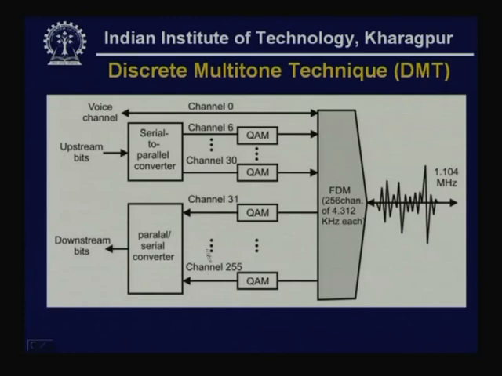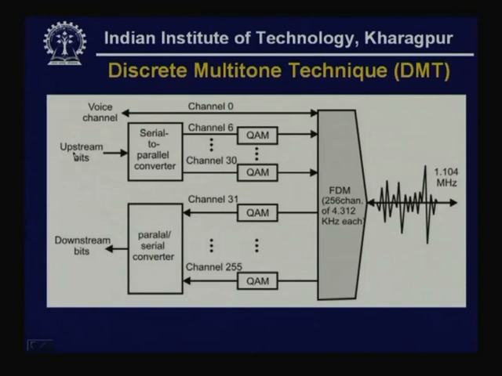So, 31 to 255. So, here the discrete multitone technique is explained. As you can see here, it uses voice channel, this is your channel 0, then channel 6 to channel 30. Here there are some serial to parallel converters.